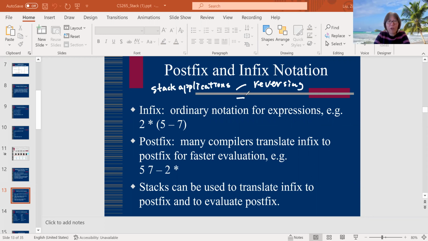We also discussed, hold on, let me find a different color. Last class we also learned the number base conversion. Okay, so that's regarding stack application. But today we will learn more.